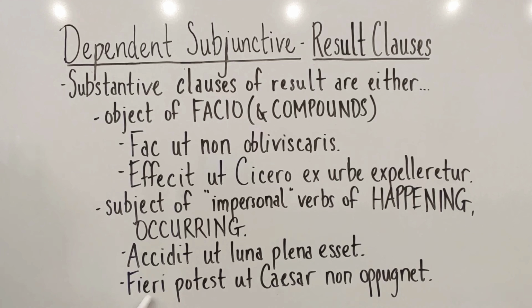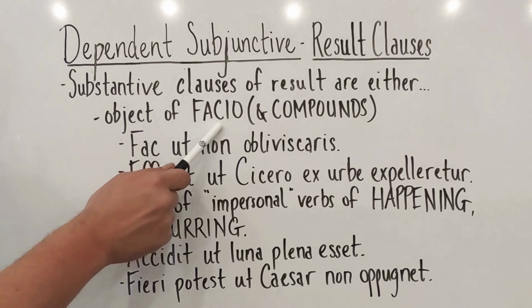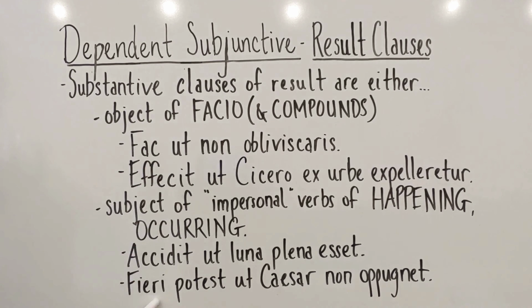So yes, I do realize that this is also facio, kind of, sort of, maybe. Yeah, it kind of is, a little bit. So even passive forms of facio can show up down here. Once again, it's about context, how the Romans feel. Fieri potest, it is possible, it is able to happen.